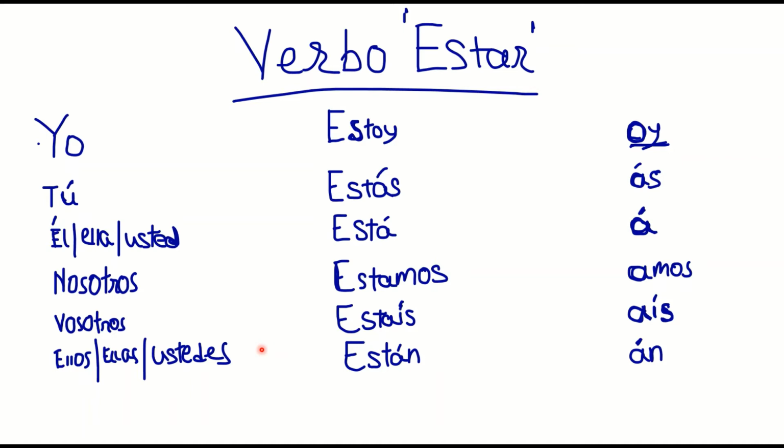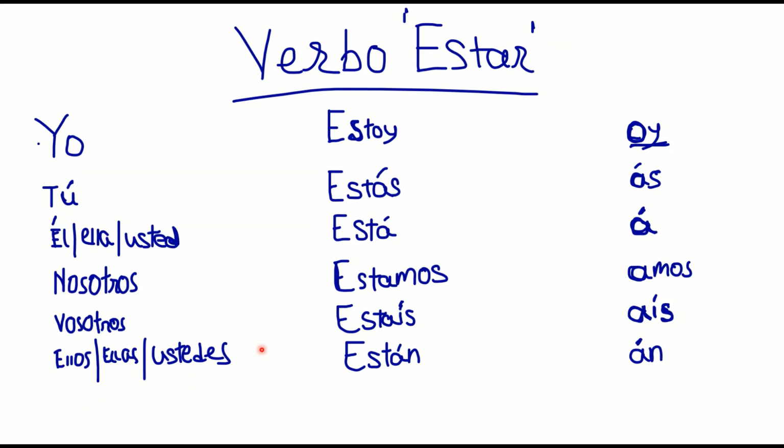Now, in English we have only one to be verb, but in Spanish we have two to be verbs, and each gets used in separate scenarios. There are scenarios where only estar is used, and for other scenarios the verb ser is used.